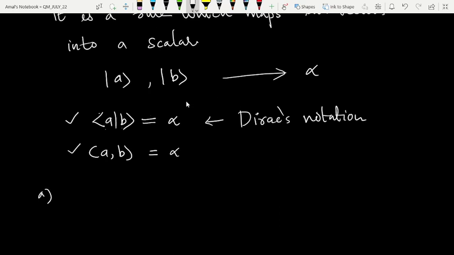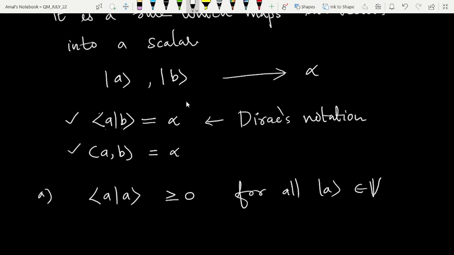First property is that the inner product of a vector with itself must be greater than or equal to 0 for all A in the vector space.